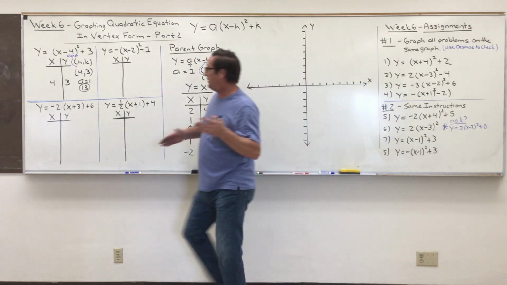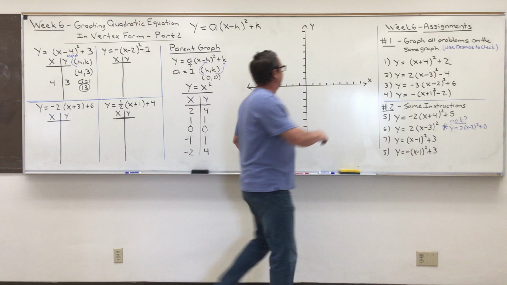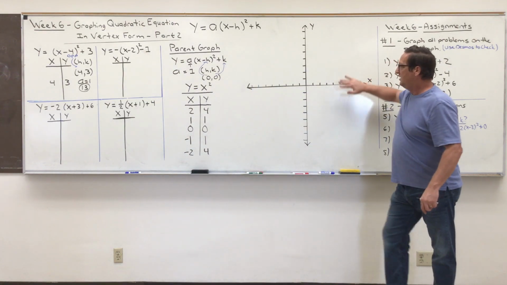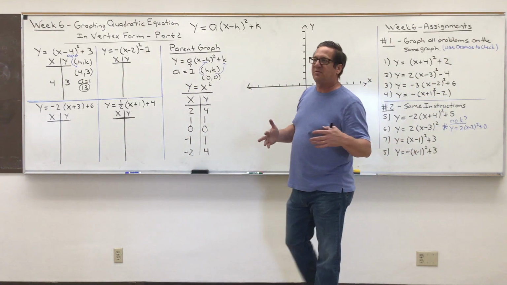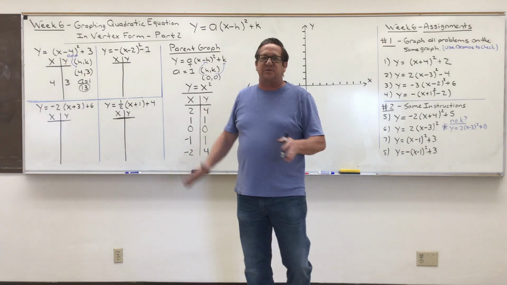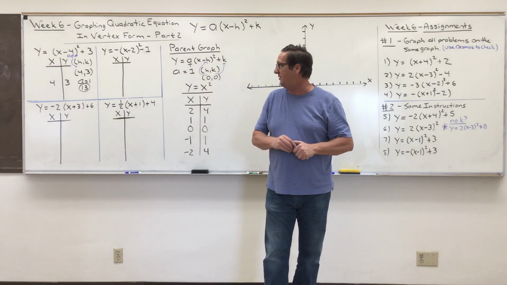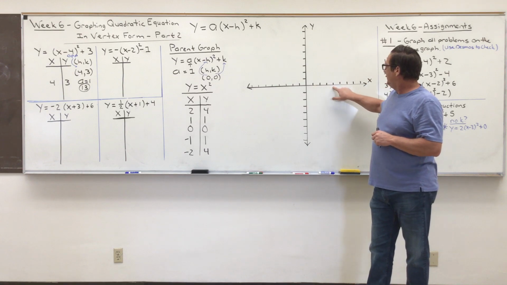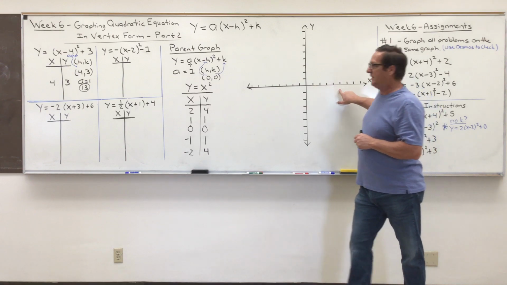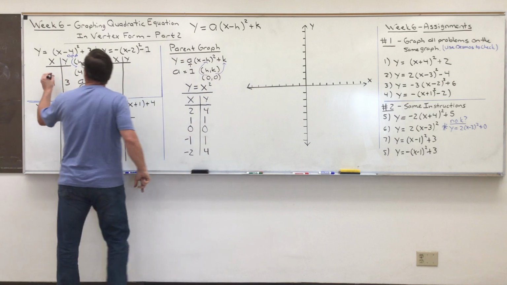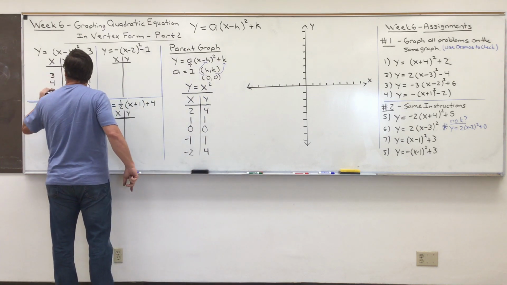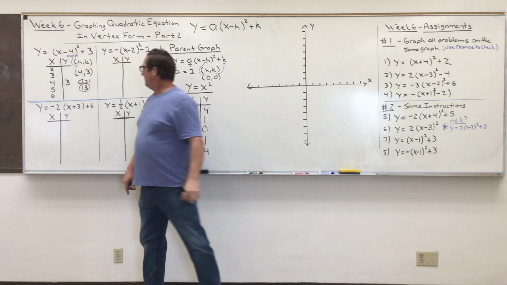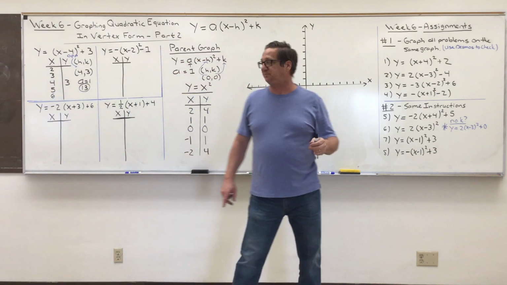The axis of symmetry would be a vertical line through 4. Okay? But you're going to notice that as we do more and more of these problems, the axis of symmetry kind of floats away. We know that we're cutting this in half. So we're at 4. 1, 2, 3, 4. Point on the left, point on the right. Point on the left, point on the right.